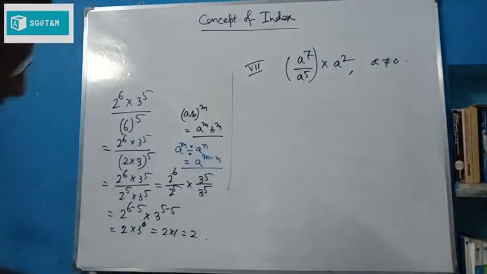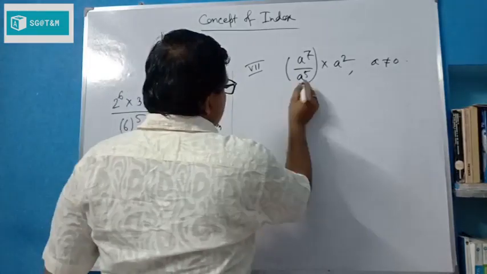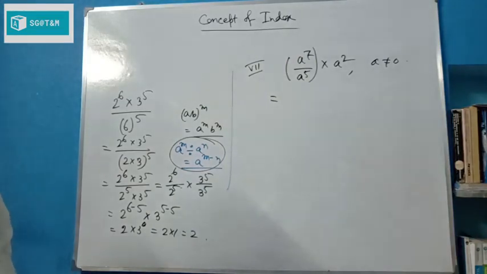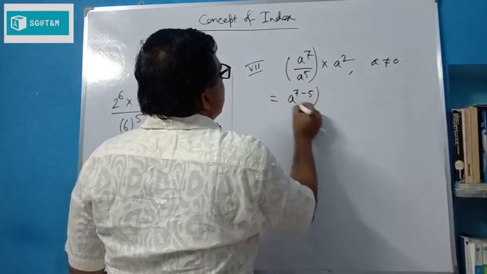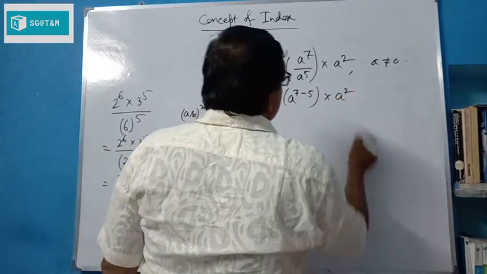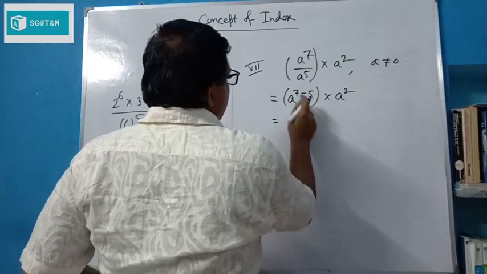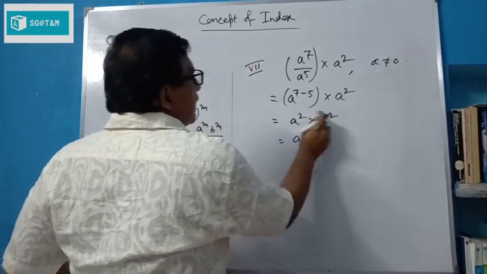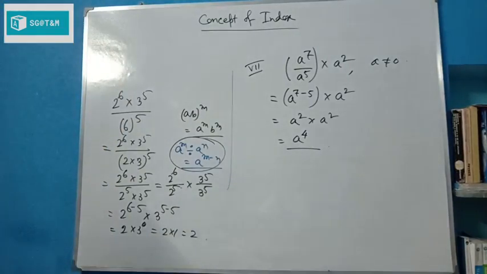So first we use this formula, a to the power 7 by a to the power 5, this means divided, so a to the power 7 minus 5 into a to the power 2 remains same. So 7 minus 5 is 2, and it is again a to the power 2. So powers are added, 2 plus 2, that is 4, a to the power 4.